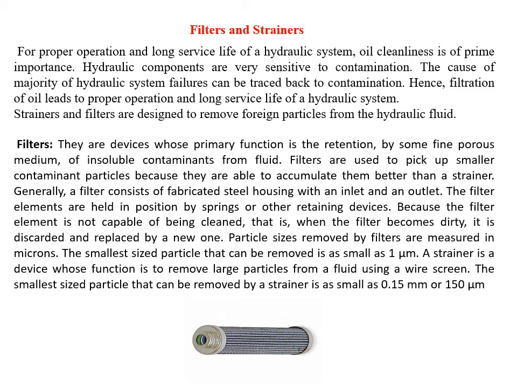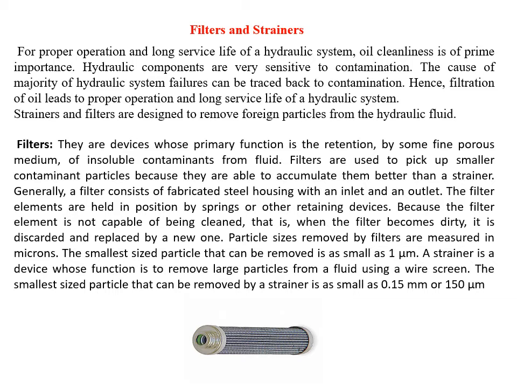Generally a filter consists of a fabricated steel housing with inlet and outlet. A filter element is held in position with the help of a spring or retaining devices, and because the filtering element is not capable of being cleaned, it is mostly replaced.